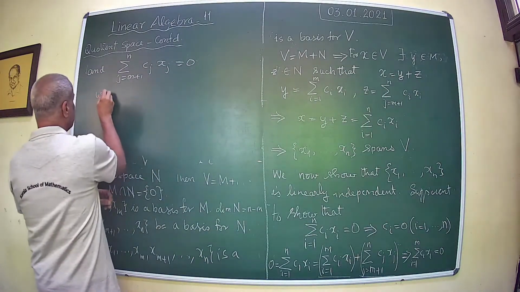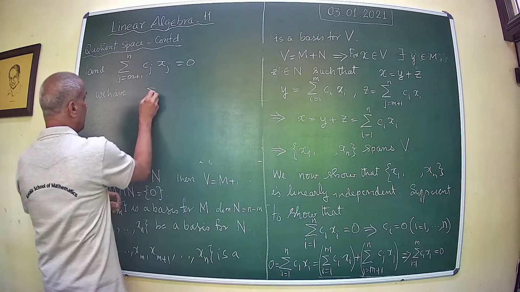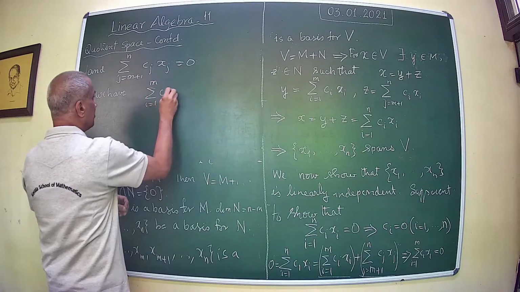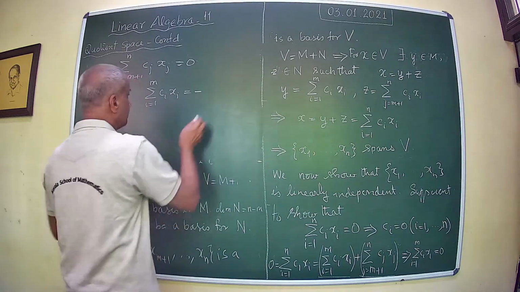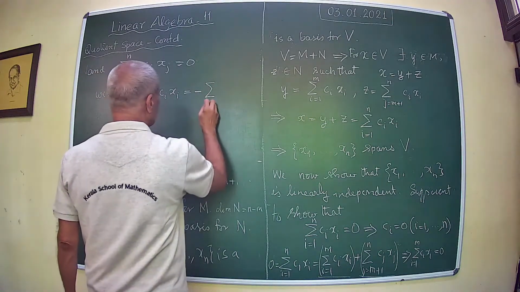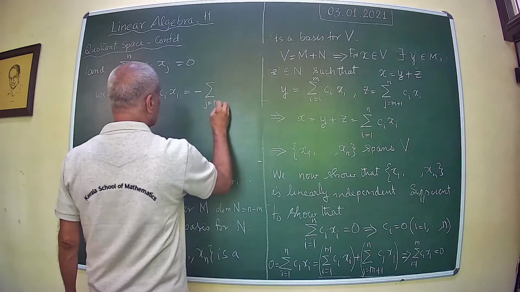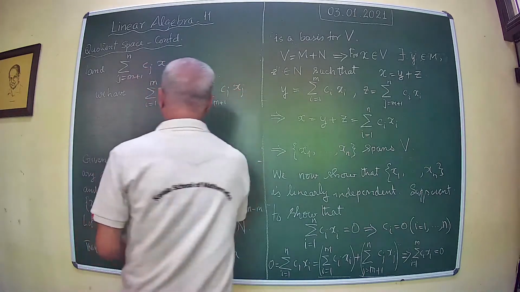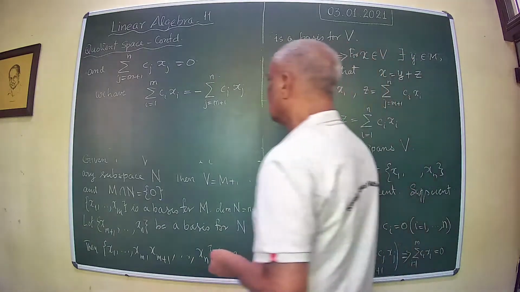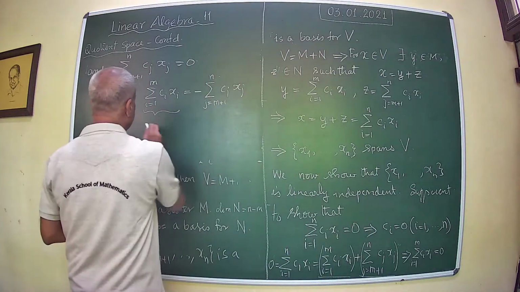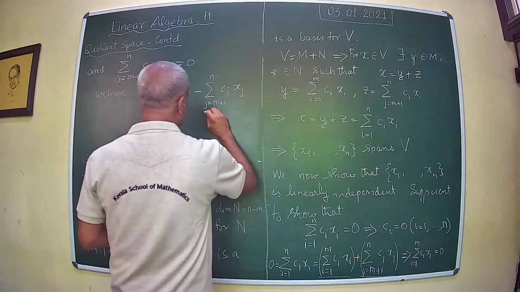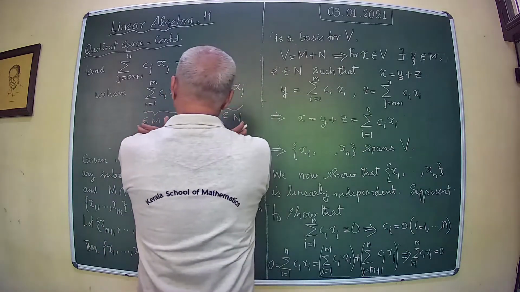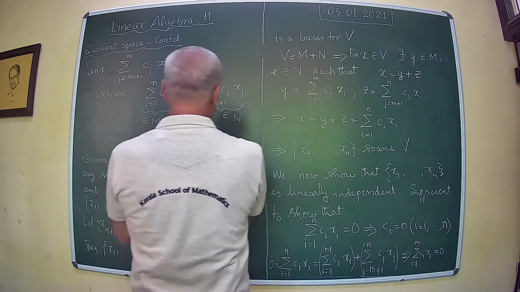Because what you end up with, you see like this. We have sum over i equal to 1 to m ci xi equal to minus of the sum over j, and this belongs to M. This belongs to M. Therefore, both these belong to M intersection N. Okay?